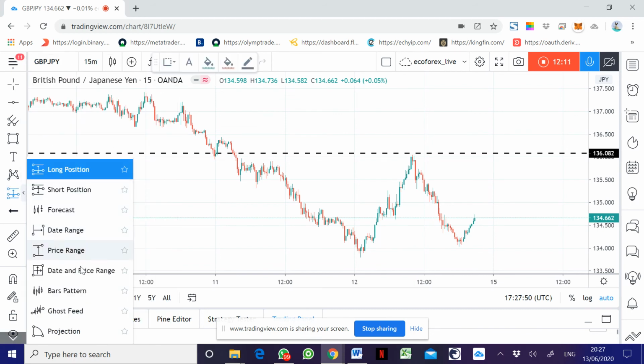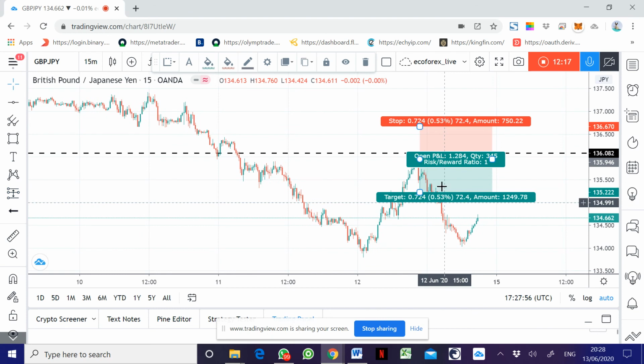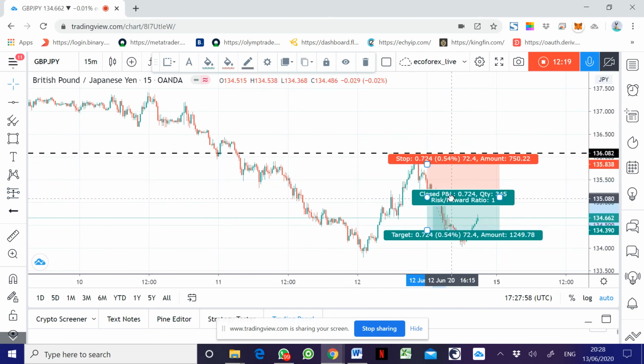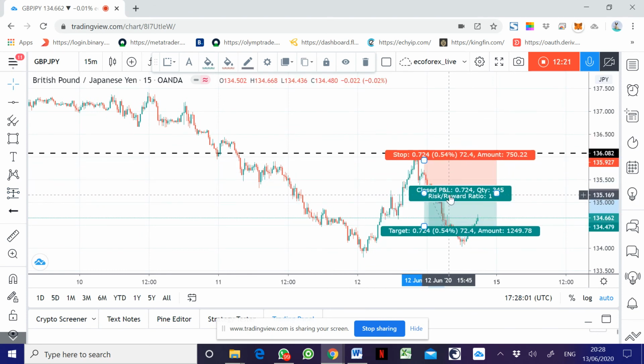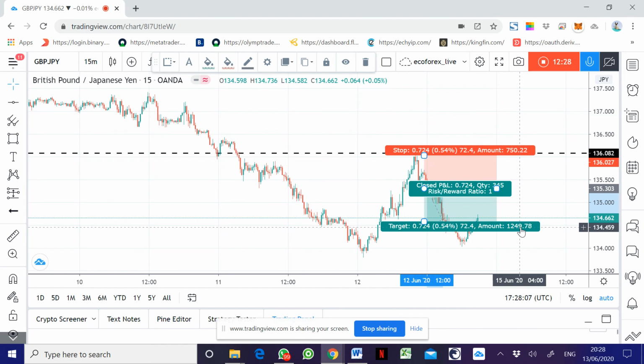This one, sorry. Yeah, are we on the long position or short position? Let's see the short position, how it will be. Yeah, depending on your lot size, it will depend on your lot size, is how it could have been.